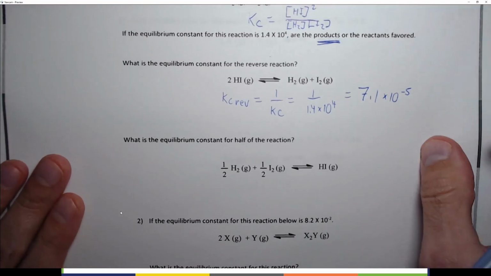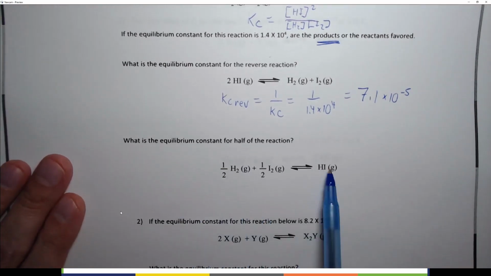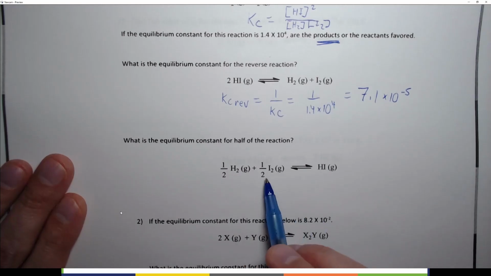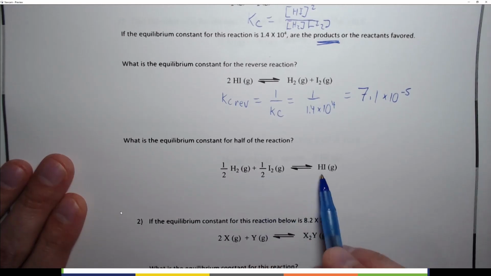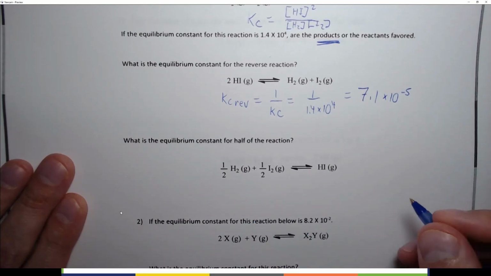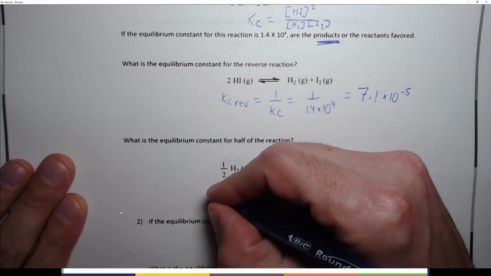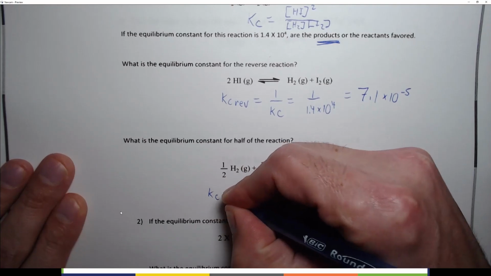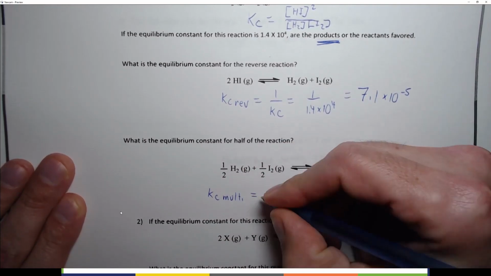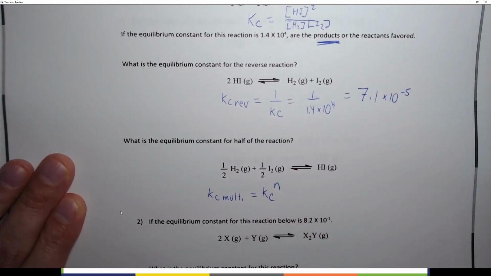Next one says, what is the equilibrium constant for half of the reaction? So we have half of H2 plus half of I2 yields HI. A little weird to have halves in here, but we can still do it. So remember that Kc of the multiple equals the original Kc to the n.